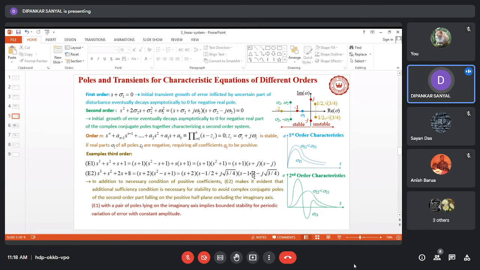Whether it will be root 3 by 4 or not depends on how this correction evolves. Anyway, whatever the correction, it will remain a complex conjugate pair.